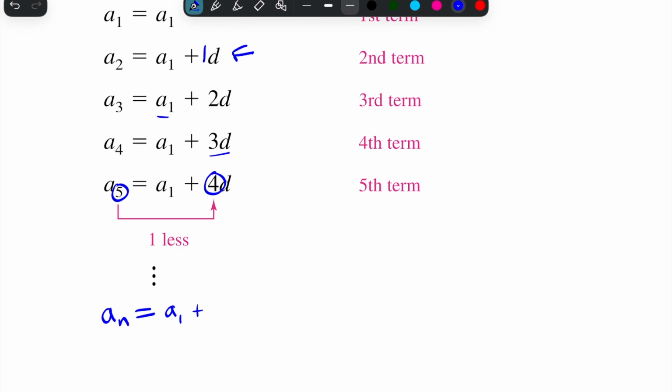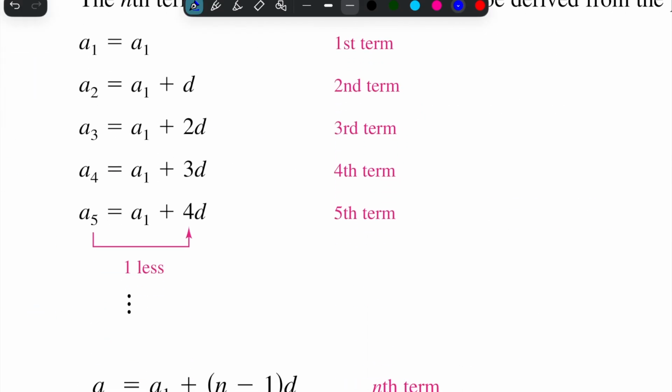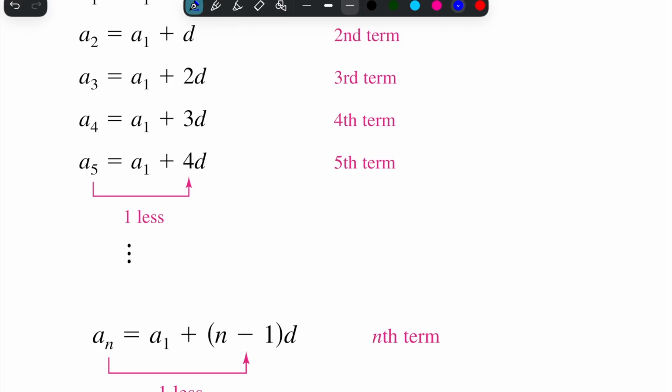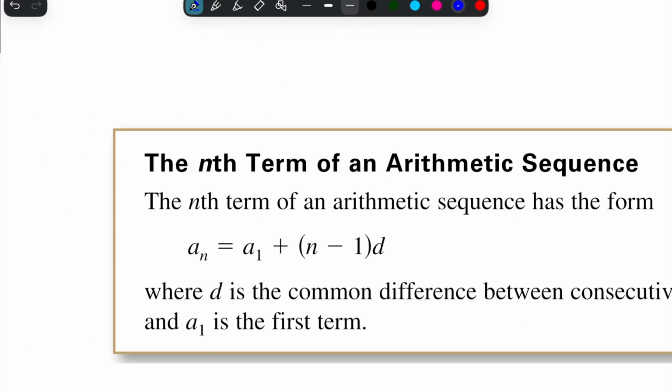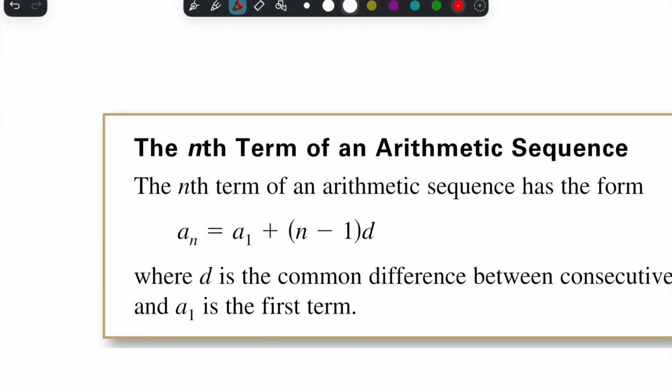So we're just going to call that n minus 1 times the common difference. And now we have a formula to find any term we want in any arithmetic sequence, right? So it's just: the nth term is your first term plus n minus 1 times the common difference. So just take a minute to make a note of that. That's a formula we're going to be using quite a bit.